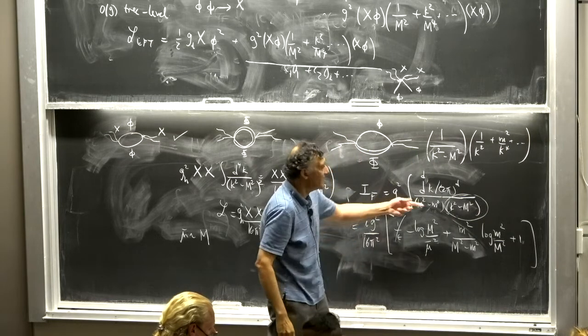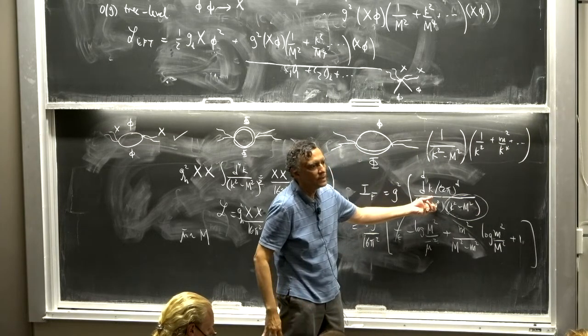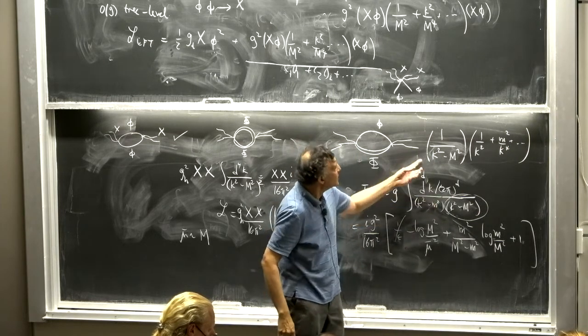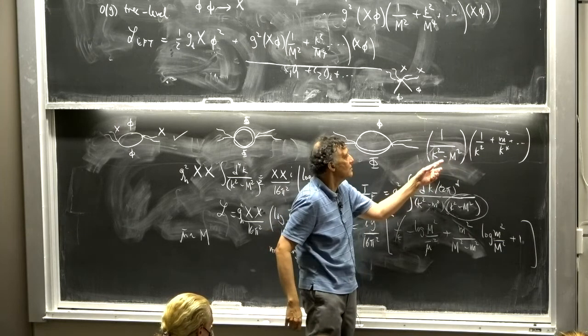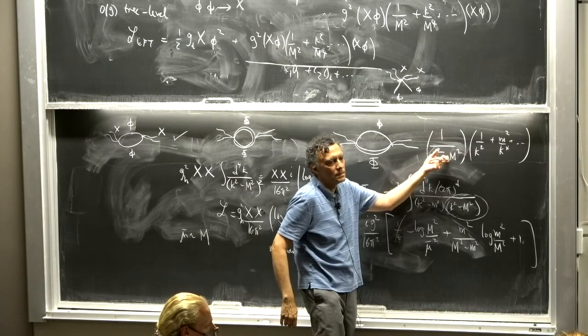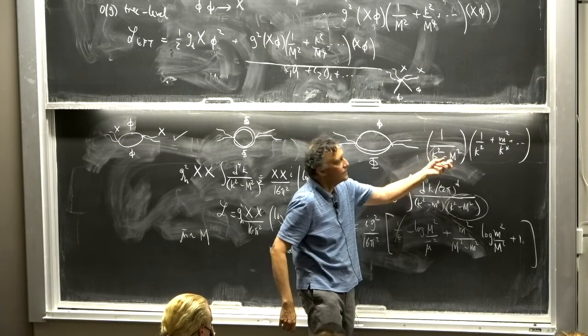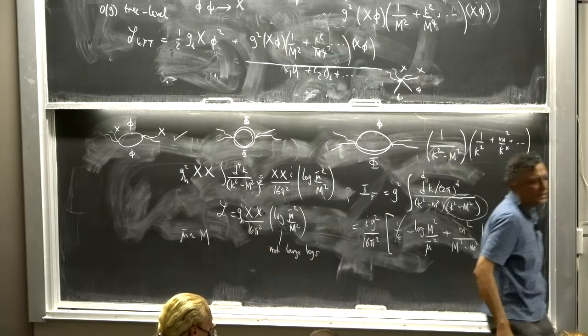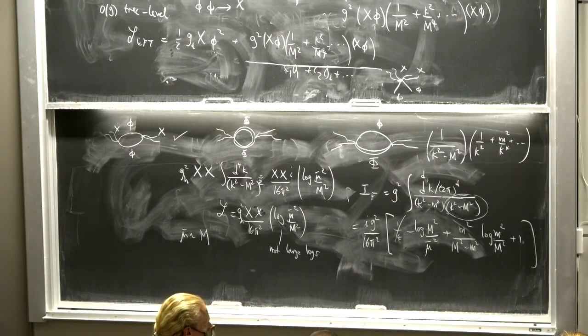Because again, I'm expanding out little m. That's what I'm doing. So now you can integrate term by term. This is not 0 because I do have a pole at capital M. And you can verify, if you do this, that you get exactly that matching contribution.